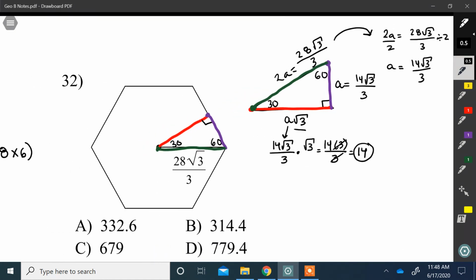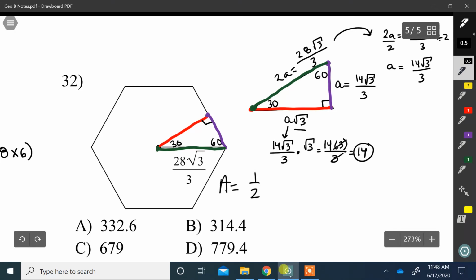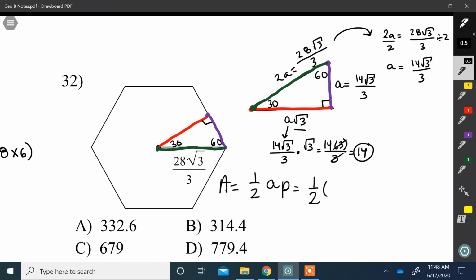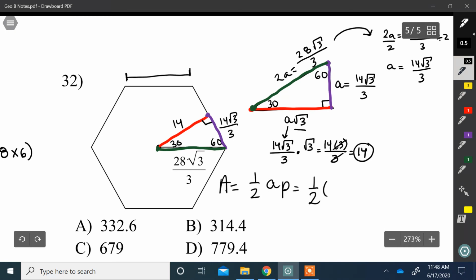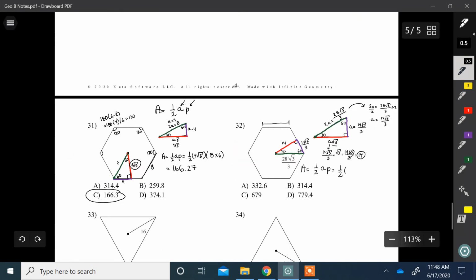Okay, so again, the area is half times the apothem times the perimeter. The apothem in this case is actually 14. Okay, the red portion. The purple is 14 square root of 3 over 3. So remember, that's twice as big. So I need to get this right here.